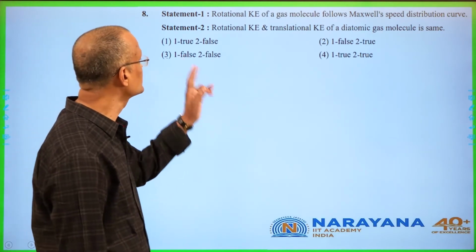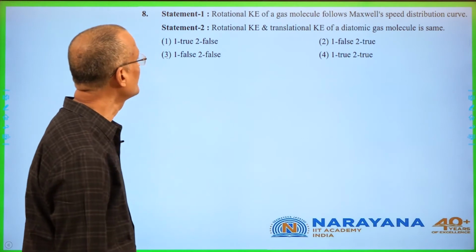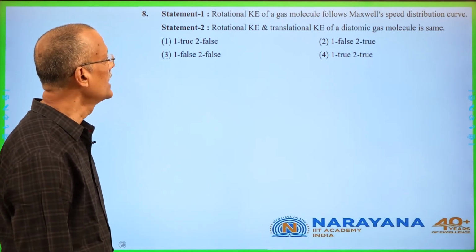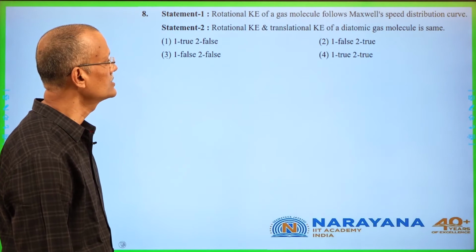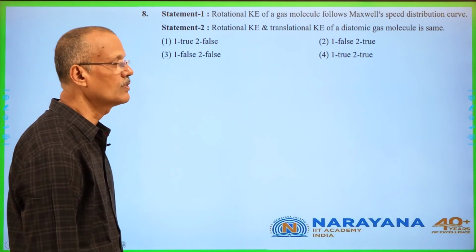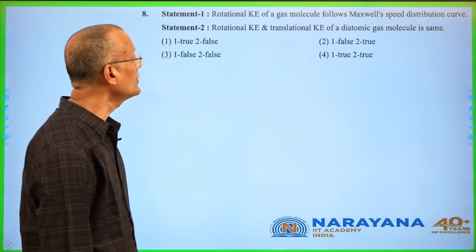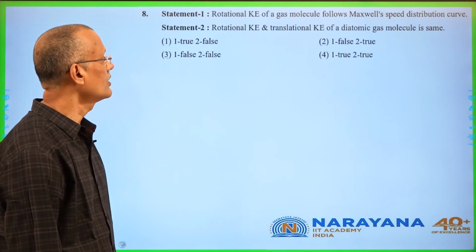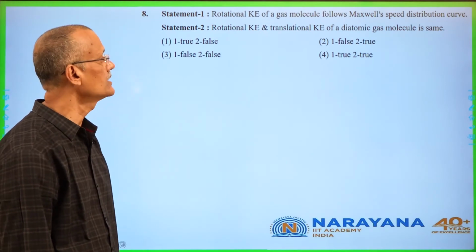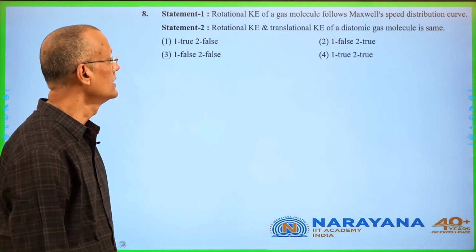If you go for statement 2, it says the rotational kinetic energy and translational kinetic energy of a diatomic gas molecule are the same. If you take the degrees of freedom for translational, for a diatomic molecule, it is 3.